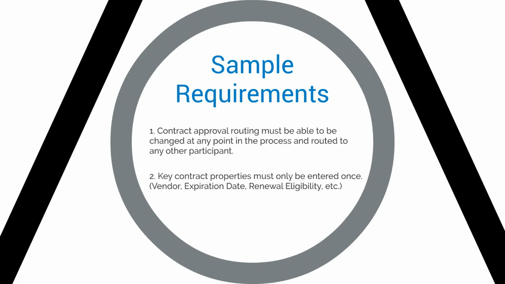That might include things like vendor, expiration date, renewal eligibility, etc. I didn't list all these out, but as part of your requirements, if you know that you're collecting certain properties or key metadata that you want to collect at the beginning and have carry all the way through the process and be assigned either in the document itself or in the metadata at the end, the sooner you can identify those key pieces of information, the sooner you'll be able to ensure that they're included throughout the project.